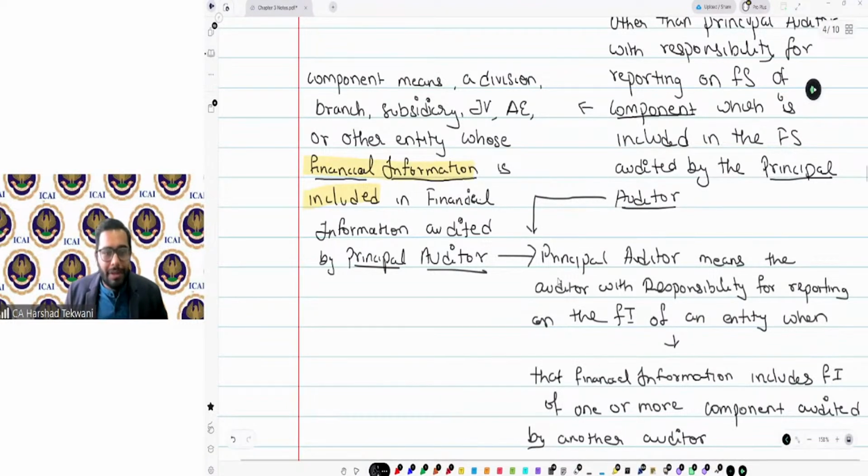Okay. So that is a principal auditor. It means if he is auditing the financial information in which other financial information is included, then he is the principal auditor.